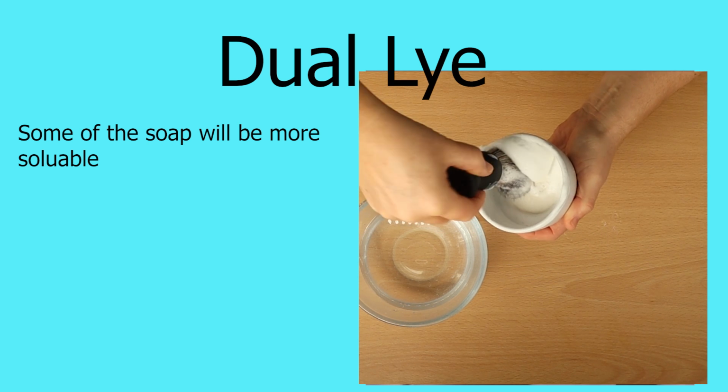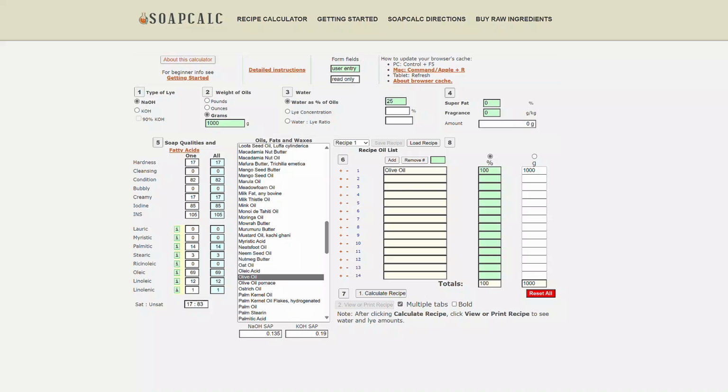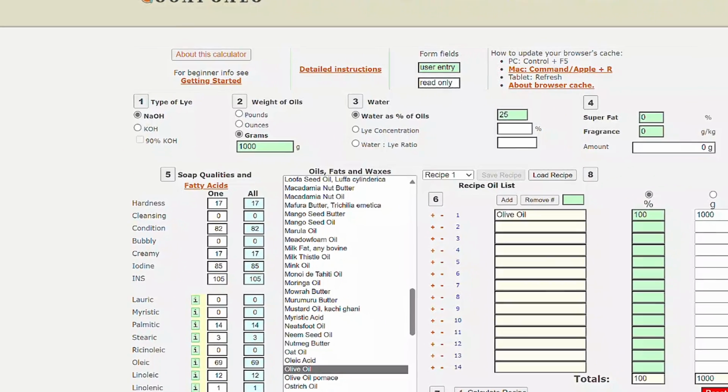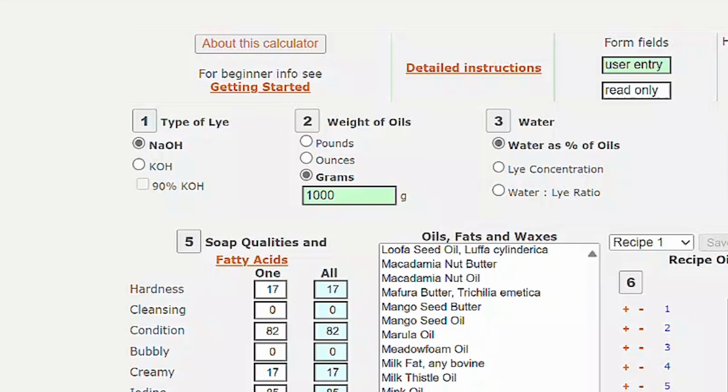Let's now quickly pop back to soap calc, because one thing you may have noticed if you're using it is that there's a third type of lye. If you look under your potassium hydroxide, can you see this 90% potassium hydroxide? The reason for that is because potassium hydroxide, as we've already seen, is actually quite weak.